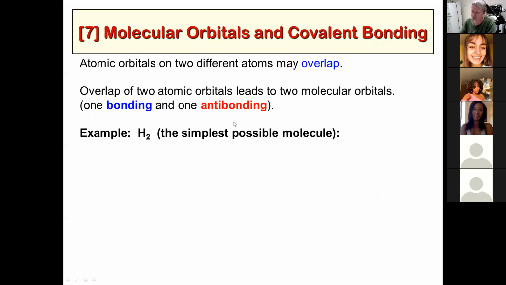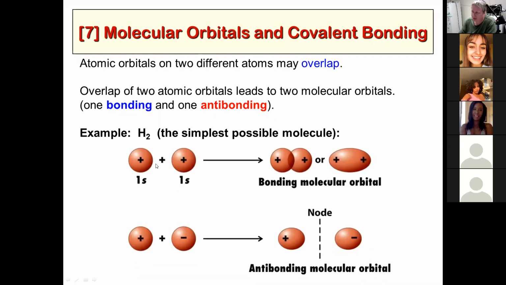All right, H2, a very simple molecule, the simplest molecule, right? So we have 2 1s orbitals, that's all it's got, and it can form a bonding orbital. There are a couple of ways you can draw the bonding orbital. If the signs of the wave functions are opposite, this is where we talk about the plus and minus, then it forms an anti-bonding orbital, okay?